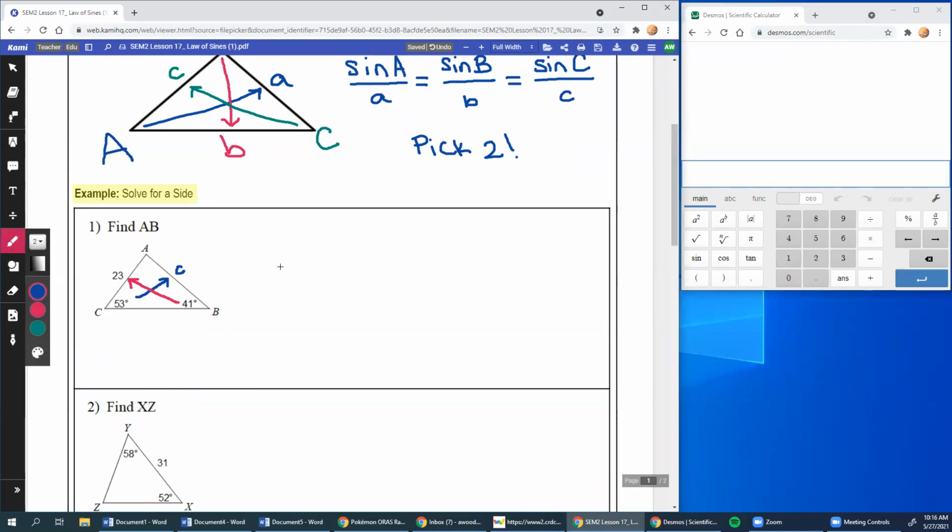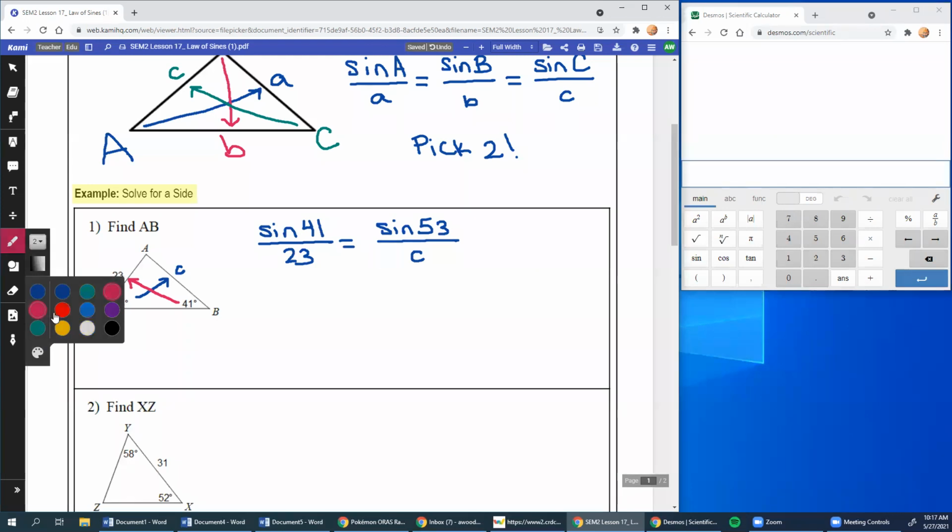We have what we need, and now we're going to set it up. So sine 41 all over the side opposite, which is 23, is equal to sine 53 all over our missing side that we need to find, which is c. So now we're just going to do some cross multiplying, and there's a specific order.